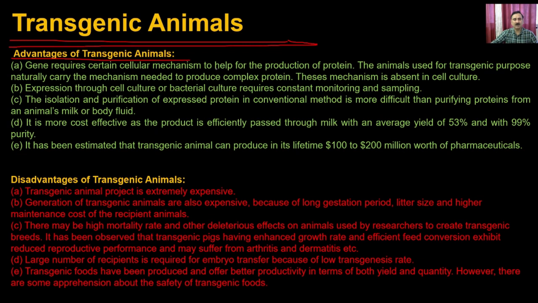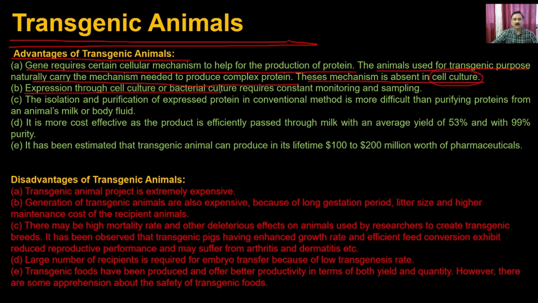We have discussed a lot about the advantages, like it allows you to express a gene for certain metabolism and for the production of protein. An animal used for transgenic purposes naturally carries the mechanism needed to produce the complete protein. These mechanisms are absent in cell culture-like conditions.